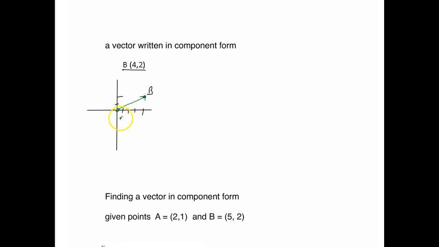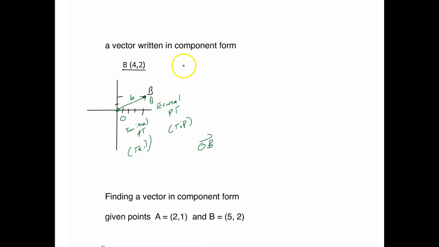So I'm going from O, the origin, which is also known as the initial point, or I could say tail, to the terminal point, B right here, also known as the tip. And I get the vector OB, or simply just B.